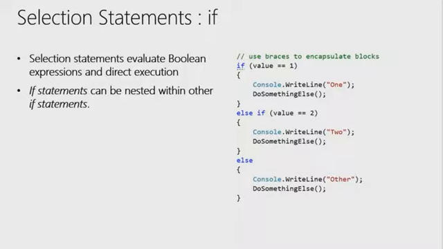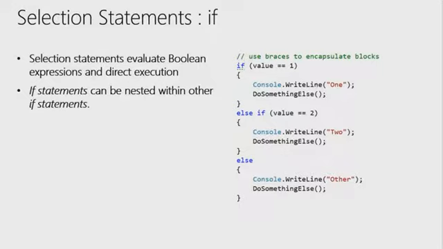Exactly. So if we look at the sample code on the right-hand side here, we can see if value is equal to 1. Now you notice that there are 2 equals there. That indicates that this is a Boolean equality check as opposed to an assignment. If you had a single equal there, we'd actually be trying to put 1 into the value. The interesting thing about the C# compiler is it knows context and it will not allow you to do an assignment by accident.